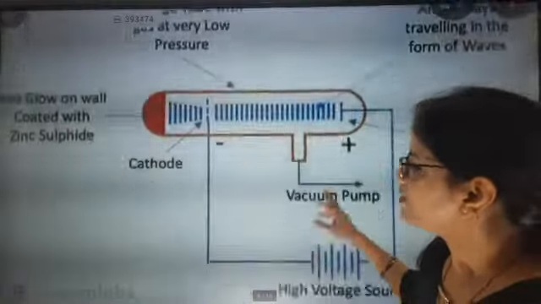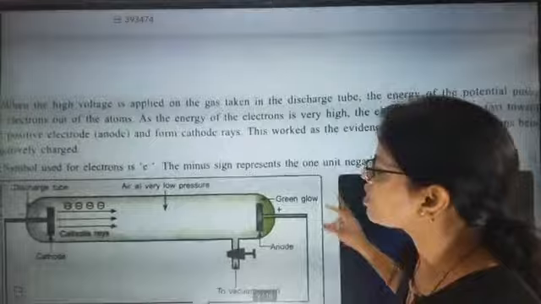I hope you understood this point. Now let's talk about this 1 unit negative charge.